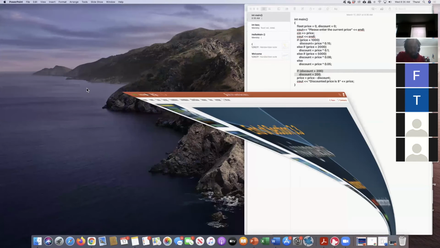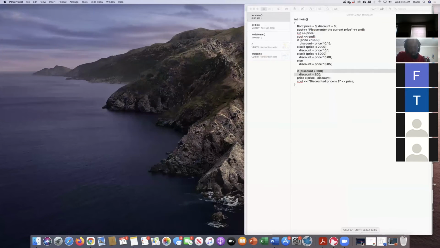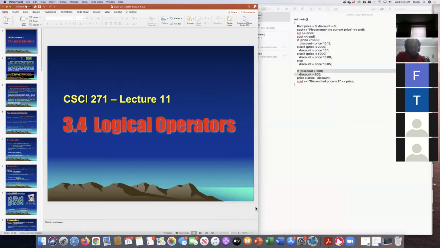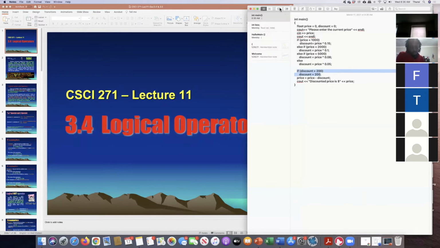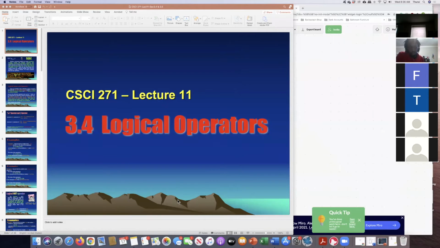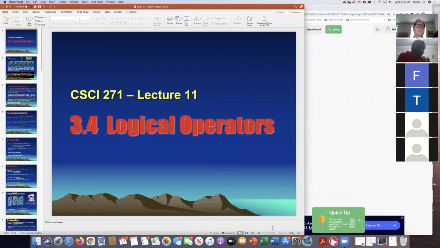Okay, so let's move on to our section 3.4. Let me close that. All right, section 3.4 is about logical operators. So this is where we are going to learn how to combine several different conditions in an if statement.